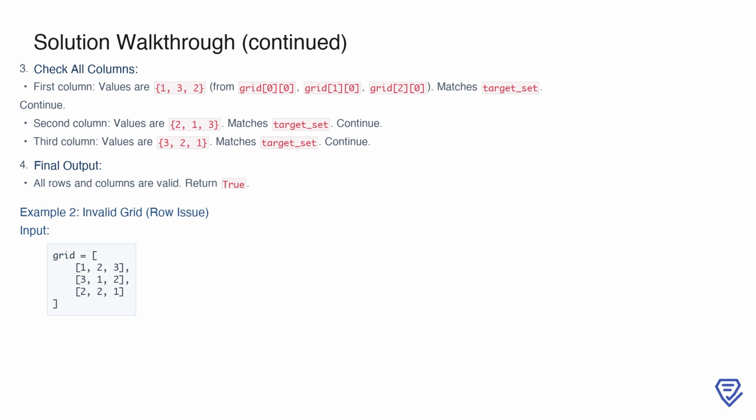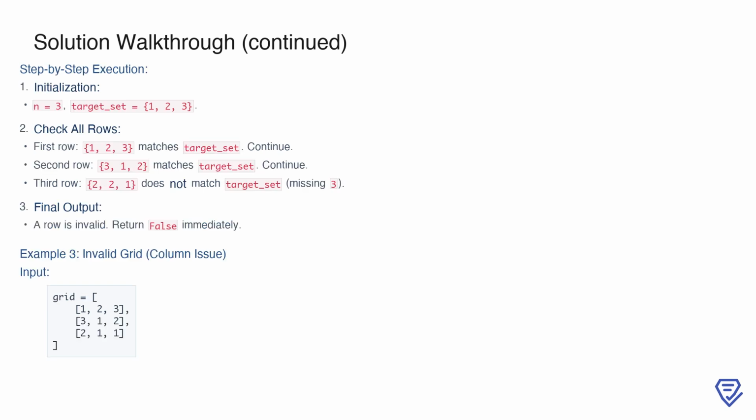Converting this to a set results in 2, 1, 3, which also matches the expected numbers. Lastly, for the third column, the values are 3, 2, and 1, giving us the set 3, 2, 1, which is valid as well. Since all rows and columns are correct, the grid satisfies the conditions, and we return true. This concludes the first example, which demonstrates a valid grid.